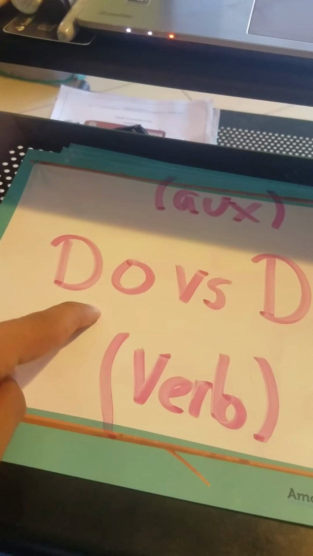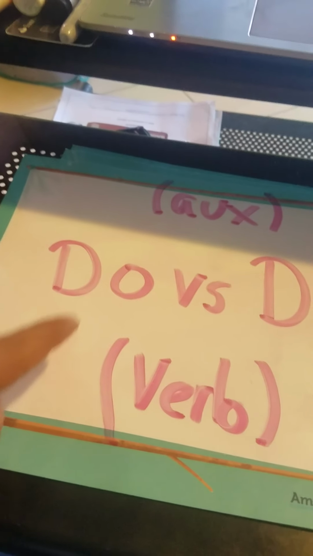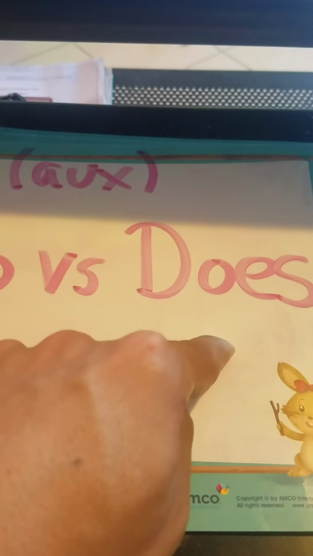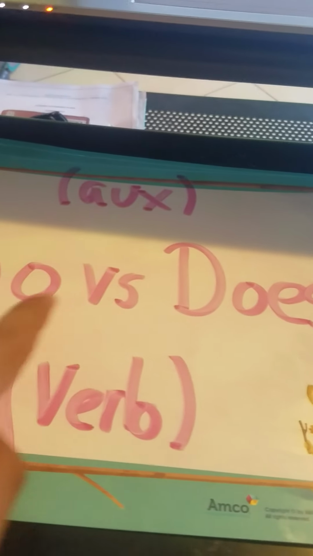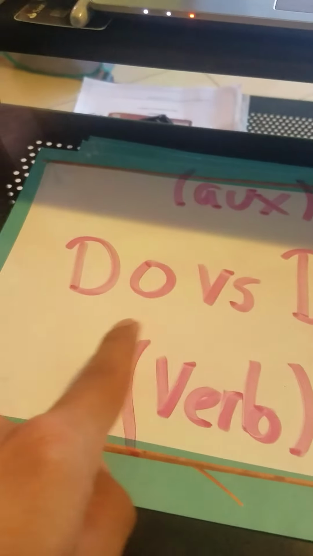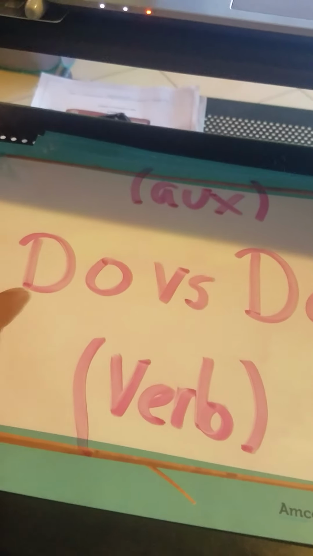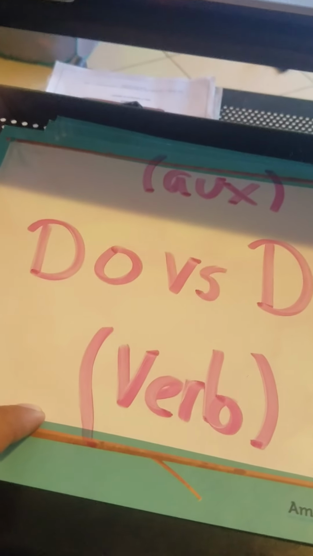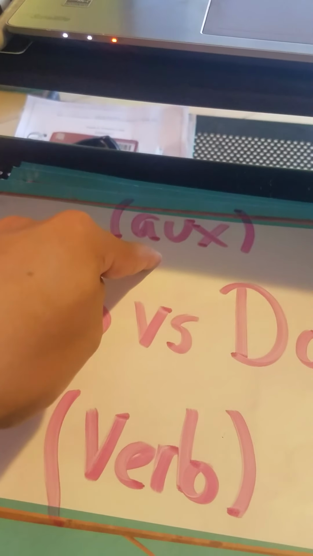The word do works also, well, do is a verb, especially, but also, guys, works as an auxiliary. Once again, do and does work the same way. Okay? Do is a verb, yes, and also is an auxiliary. Why?